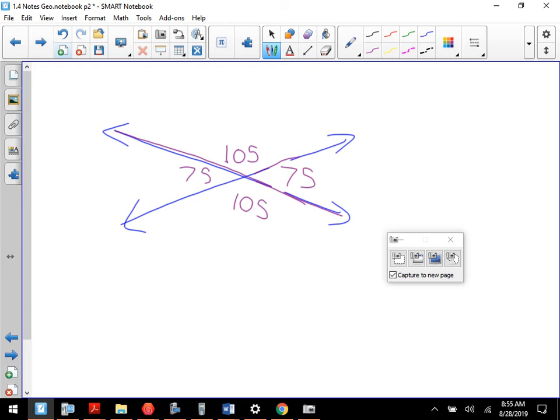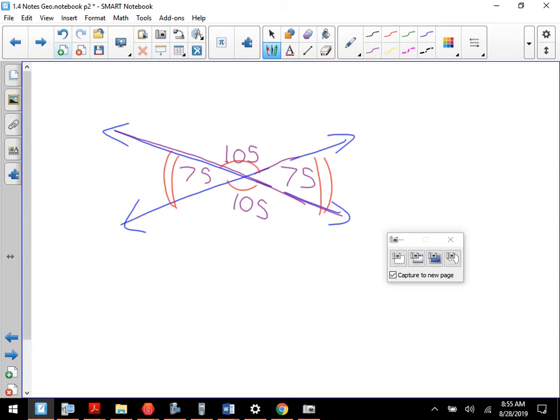Now, what do you notice? The ones that are opposite each other? So there's a term for that. Everybody notice that the angles that are opposite one another, this 105 and this 105, are the same? The 75 here and the 75 here are the same? No matter what you do, the angles that are opposite each other, up and down, left and right of each other, they're always going to be the same when you have two lines that intersect.